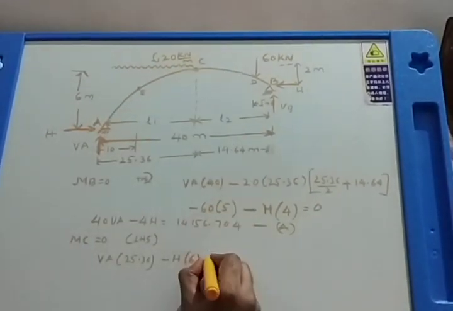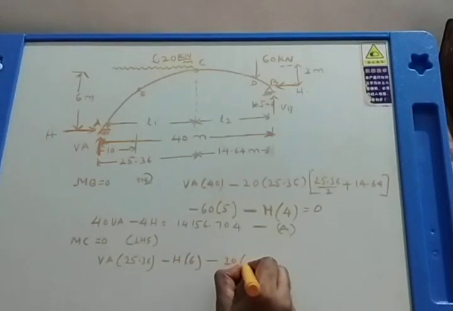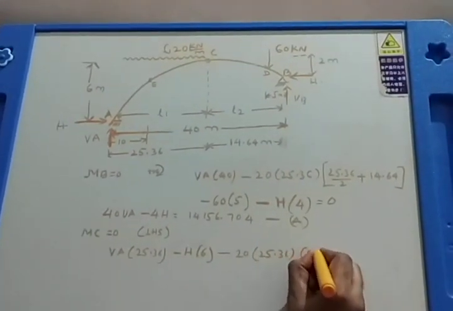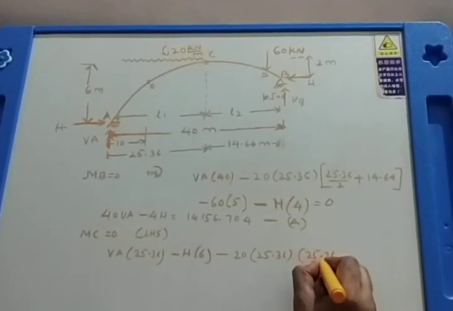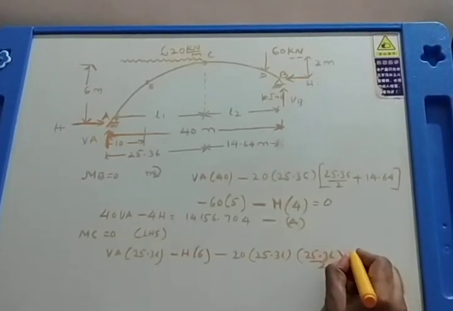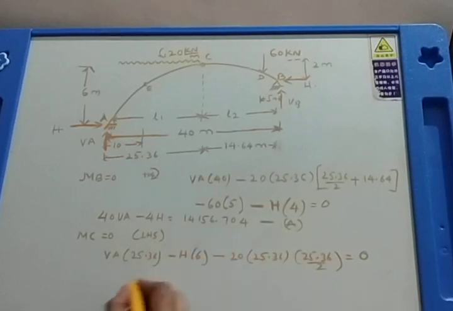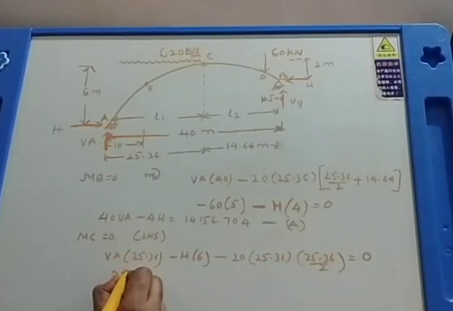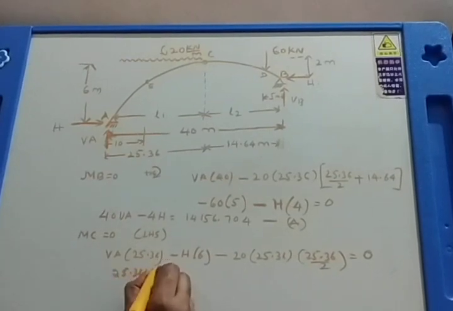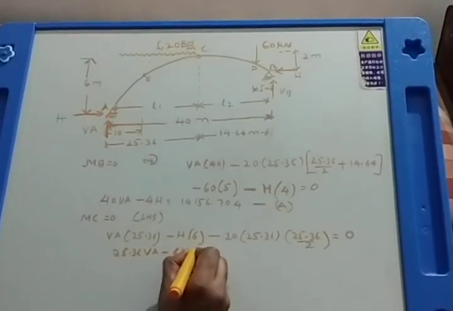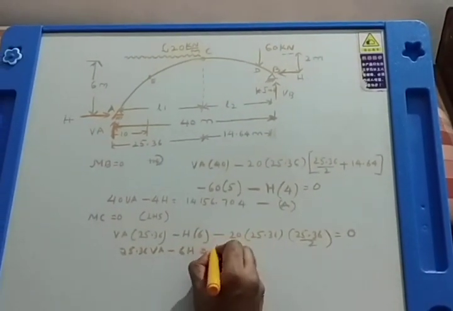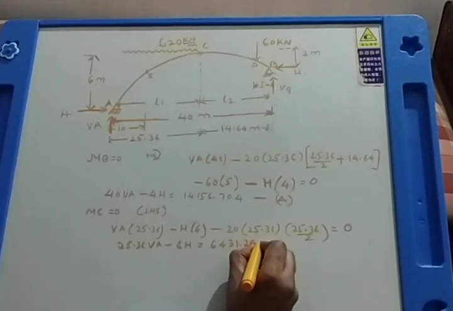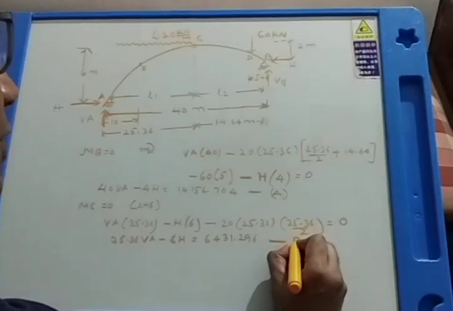Then moment due to UDL, minus 20 into 25.36 into 25.36 by 2 is equal to 0. When you simplify this, you are going to get the second equation, that is 25.36 VA minus 6H is equal to 6431.296. I call this equation B.